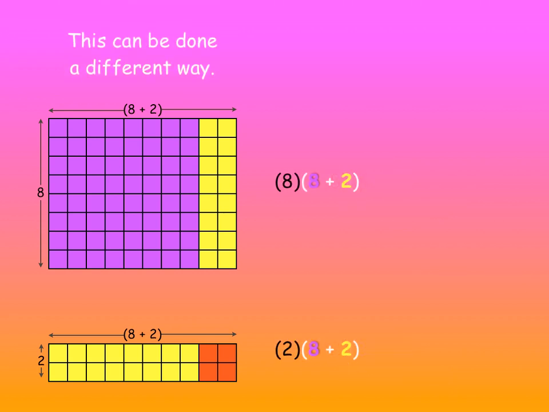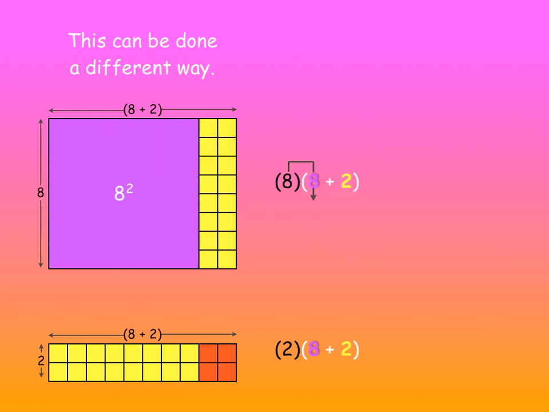This can be done a different way. When we multiply 8 times the first number, instead of calling it 64, we'll call it 8 squared, because it is. And when we multiply 8 times the last number, we'll just add 2 times 8.